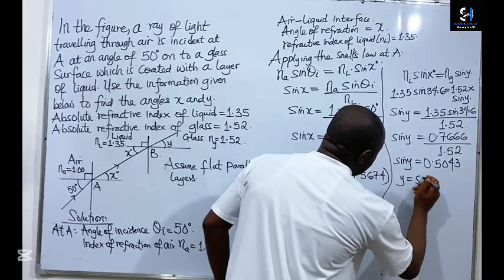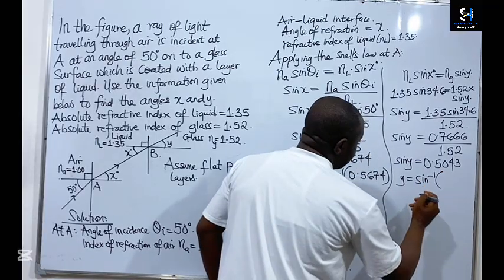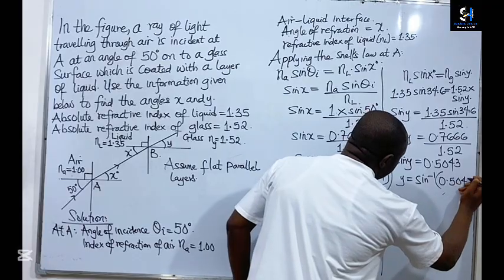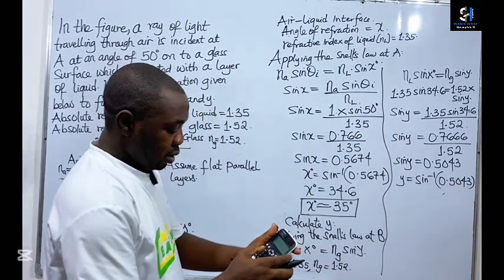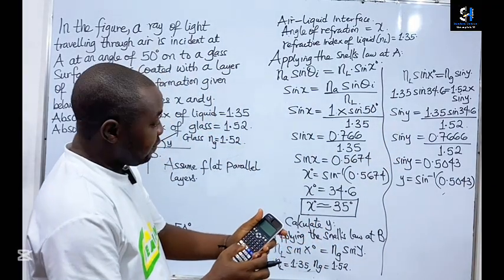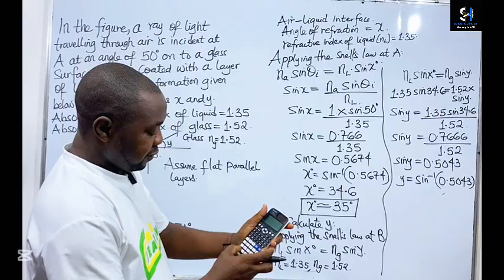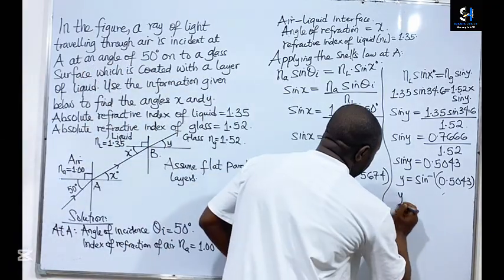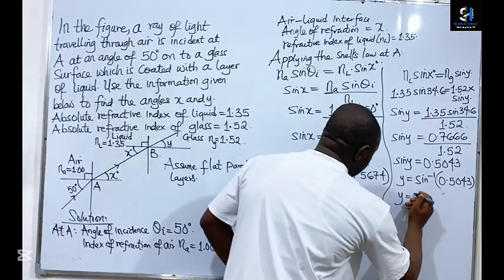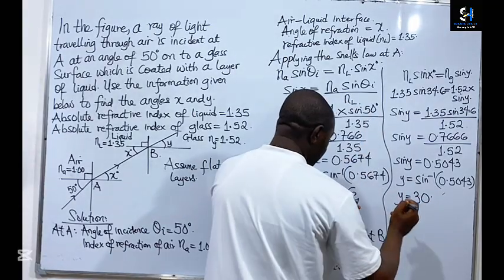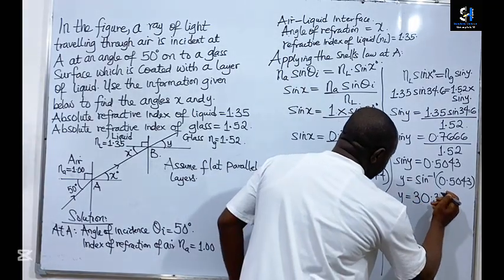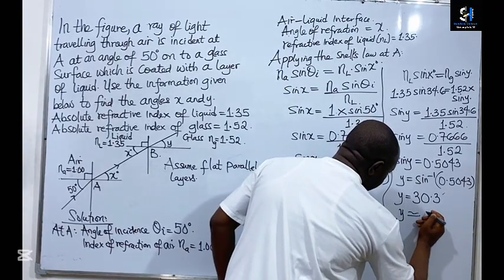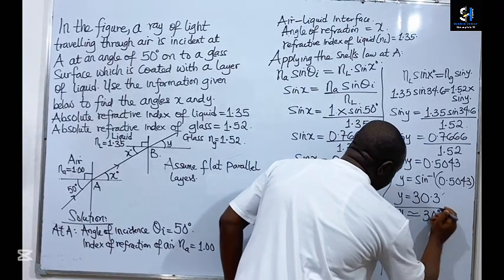To get y, we take the inverse sine of 0.5043, which gives y equals 30.3, so y is approximately 30 degrees.